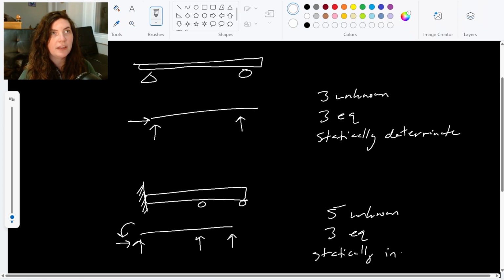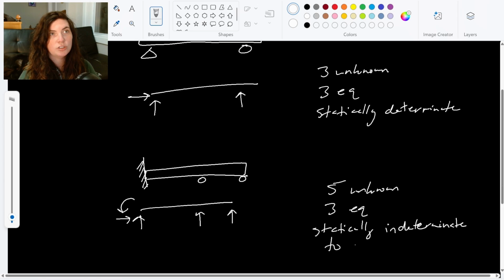And the degree that we call something statically indeterminate depends on how many unknowns you have versus how many equilibrium equations you can use. So here, since I have 5 unknowns, but I can use my 3 equilibrium equations, we would call this statically indeterminate to the second degree, right? 5 minus 3 is 2. 2 degrees of separation between our unknowns and our equilibrium equations.